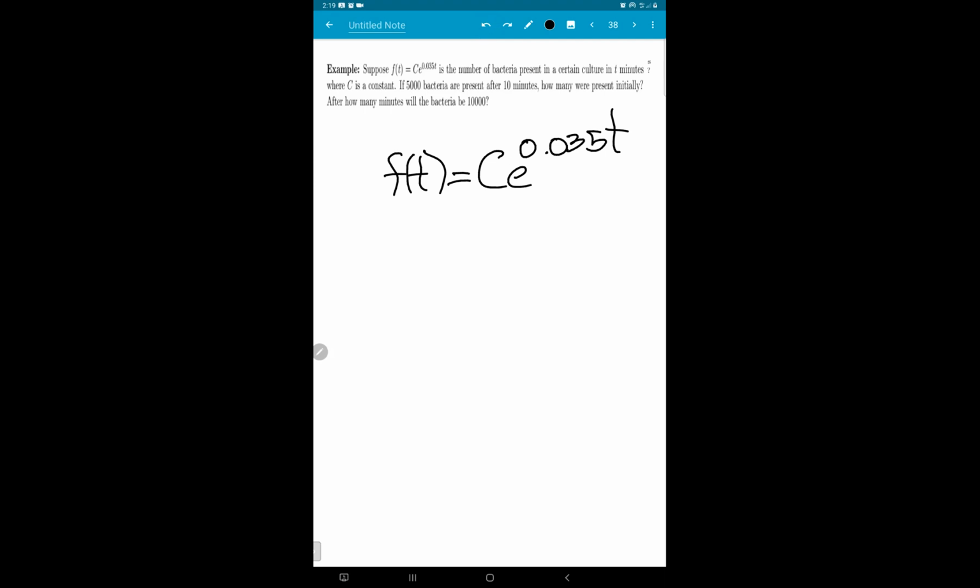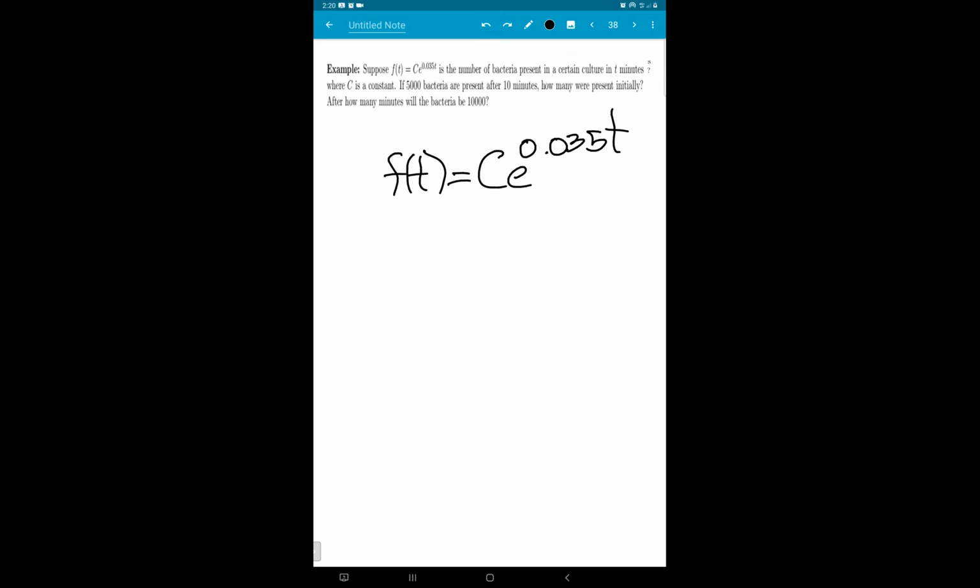So you have to find C, although the question is how many minutes will the bacteria be 10,000? Actually, there's a first question given. If 5,000 bacteria are present after 10 minutes, how many were present initially? So you need to solve for C.